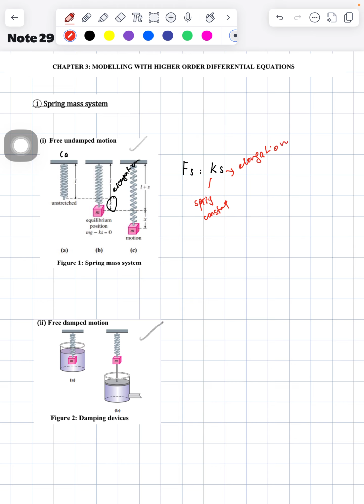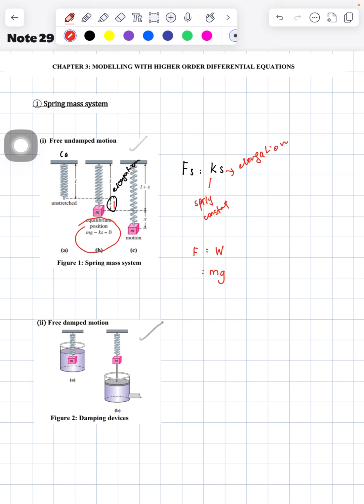After the mass is attached at the end of the spring, it stretches the spring by an amount S, and it attains the equilibrium position. At the equilibrium position, F equals W, so W equals mg.